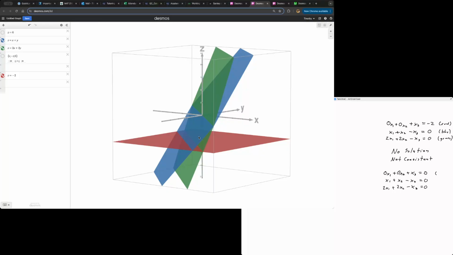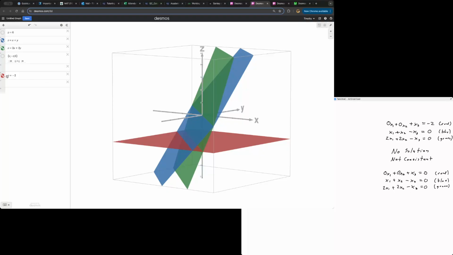And I'm going to graph that in red, blue, and green again. Because I've moved that first equation, the red plane, I've moved it up by 2. Instead of saying x3 is equal to negative 2, I'm saying x3 is equal to 0. I've moved it up by 2.